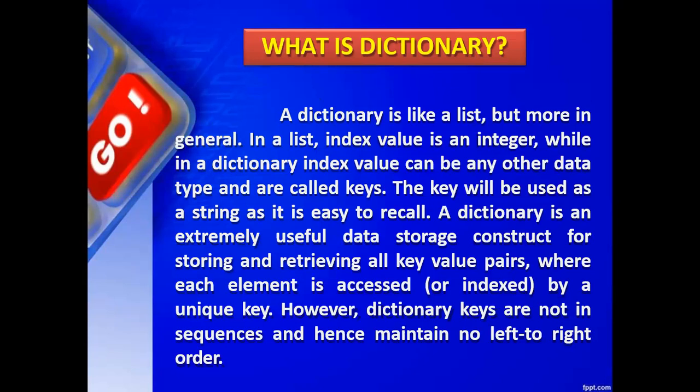Instead of having an index number associated with each data item, like we saw in lists and strings, a dictionary has a key and a value to that key. This is a dictionary. Python dictionaries are a collection of key value pairs.